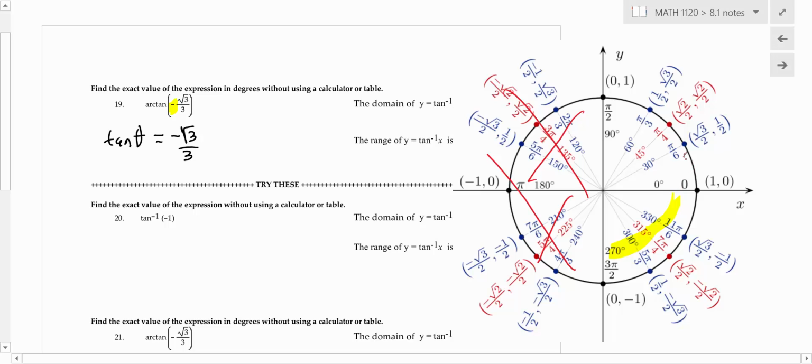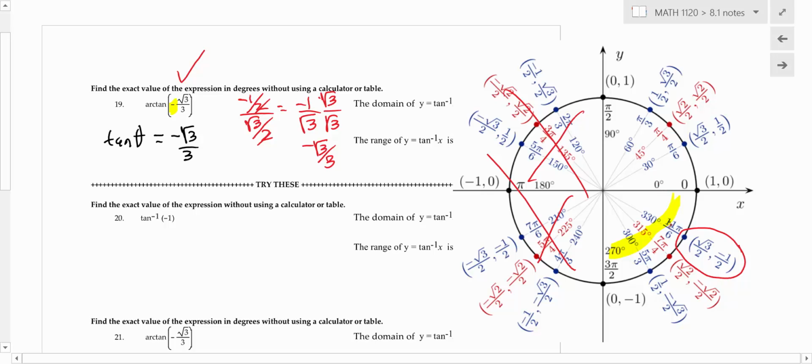So if I take this one right here, let's see if that works. If you just did negative 1/2 over root 3 over 2, the 2's would cross out. You'd be left with negative 1 over root 3, right? Now, how do you rationalize that denominator? You multiply by root 3 over root 3, and then you would get what we have anyway, right? So it's got to be one of those two.